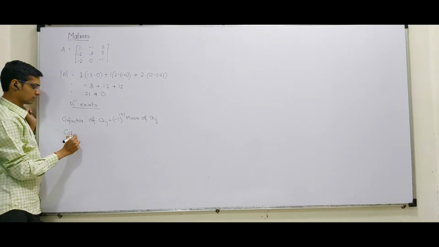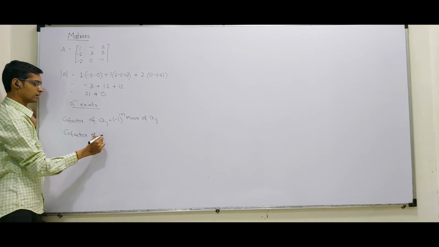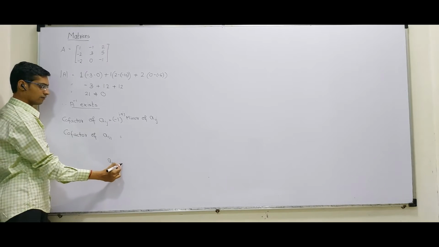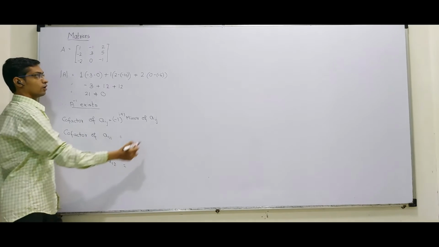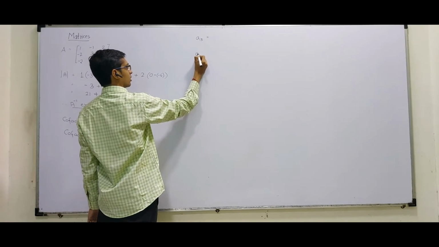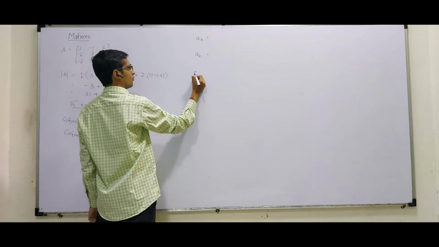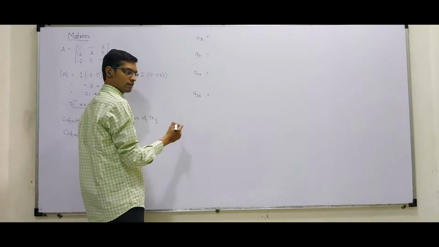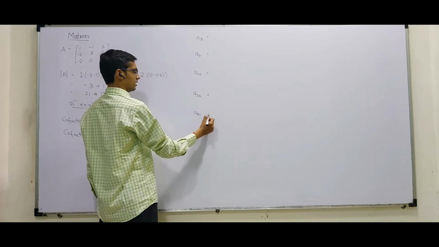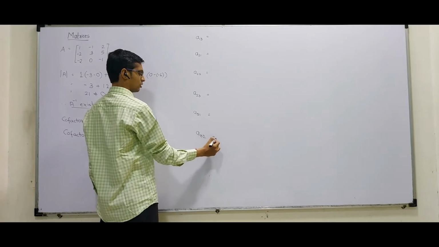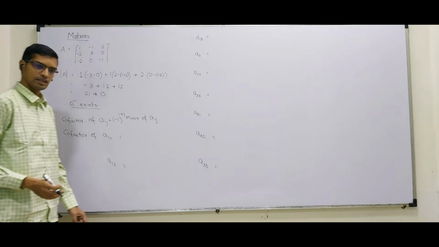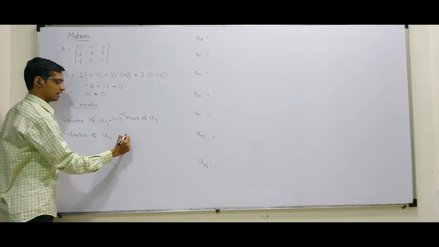That is cofactor of A11, cofactor of A12, cofactor of A13, cofactor of A21, cofactor of A22, cofactor of A23, then A31, A32, A33. ठीक है.